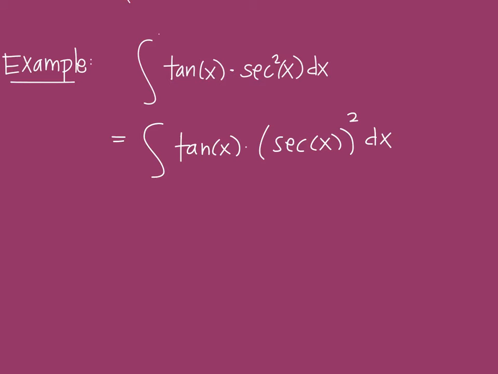Okay, Andrew, were you going to say the same thing? U as tangent x. Okay, why? Okay. All right, so both of you are seeing that there is a connection between tangent and secant squared. One is the derivative of the other. One is the antiderivative of the other. So which one do you want to choose?